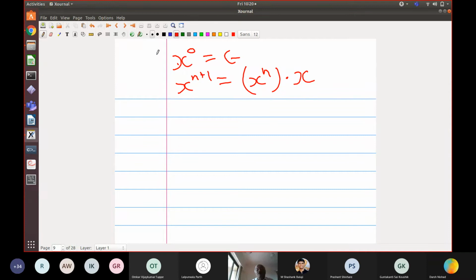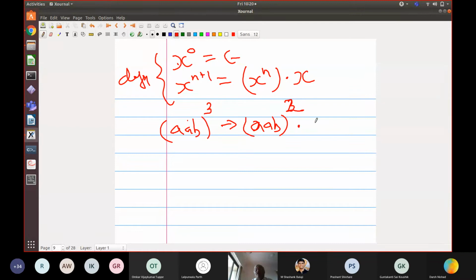Now, if you ask a computer to calculate the string AAB to the power 3, what will it do? It'll say this is equal to AAB to the power 2, because 3 is 2 plus 1, catenated with AAB. In solving this, I have to solve what is AAB to the power 2. That is the same as AAB to the power 1 catenated with AAB. That will give me this part, and then this will be followed by AAB.